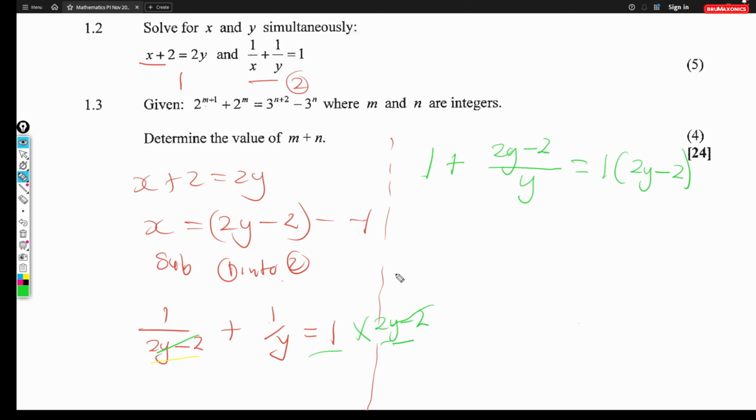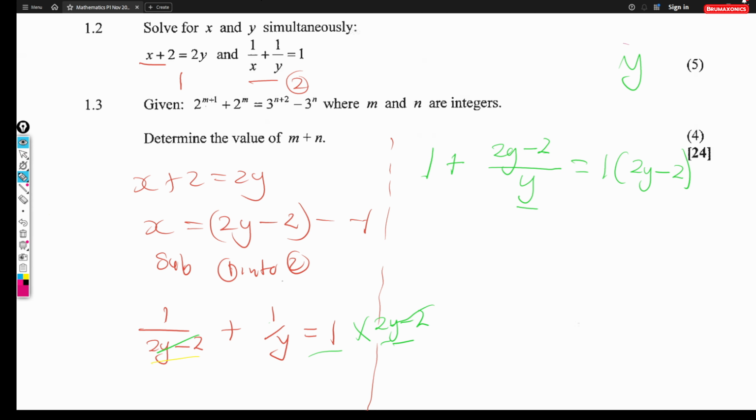If you check here, you'll see that now we are left with this one as a fraction. So we're multiplying again with y so that we can eliminate this guy here.